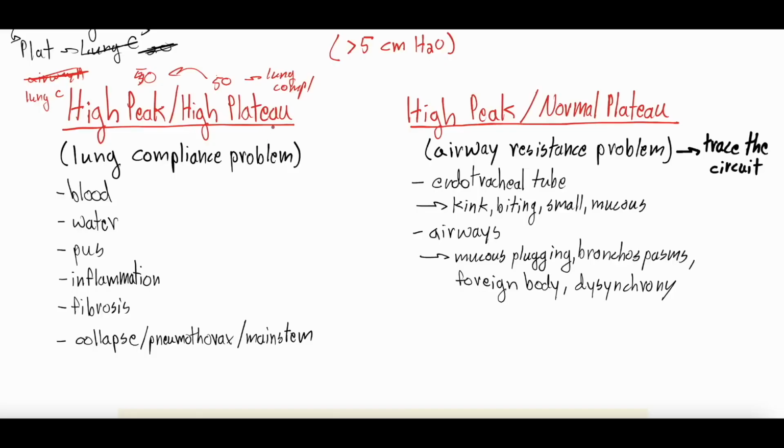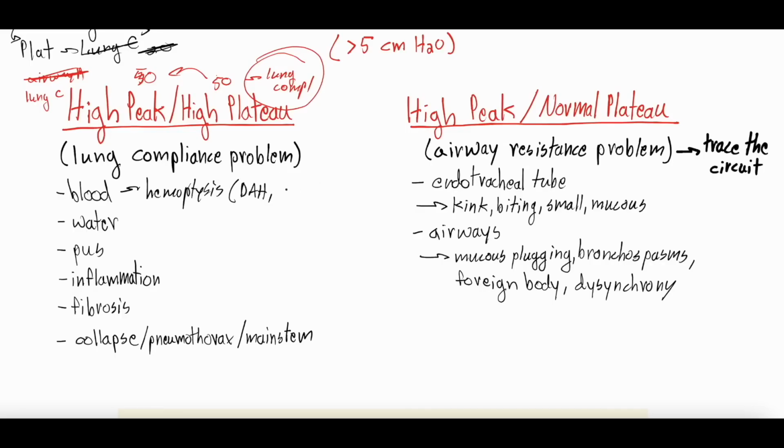So then we think about the things that cause an abnormal lung compliance. And that is the pathophysiology that's leading to that high peak and high plateau pressure, abnormalities in lung compliance. And those abnormalities, an easy way to think about it is kind of blood, water, pus, inflammation, fibrosis, right? Blood being things like hemoptysis. If you have blood within the lung parenchyma itself, hemoptysis isn't the disease, but it can be caused by a number of things, right? DAH.